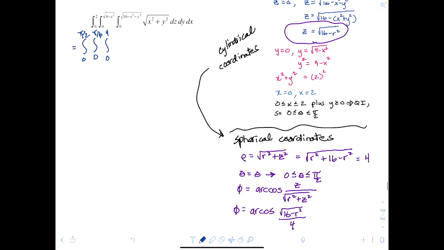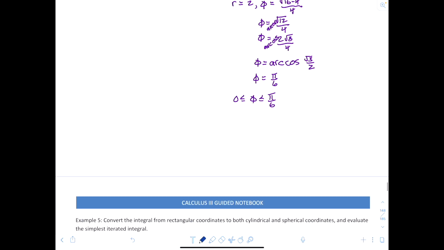Let's work now on that square root of x squared plus y squared, so we can figure out what that's going to be. I need to get that into spherical.